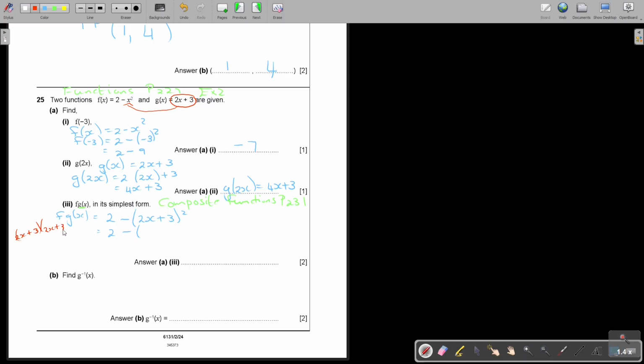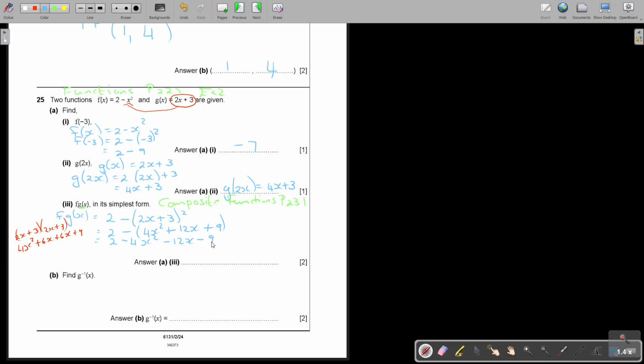So this is going to be 4x squared plus 6x plus 6x plus 9. So this is going to be 4x squared plus 12x plus 9. So that's going to be 2 minus 4x squared minus 12x minus 9.